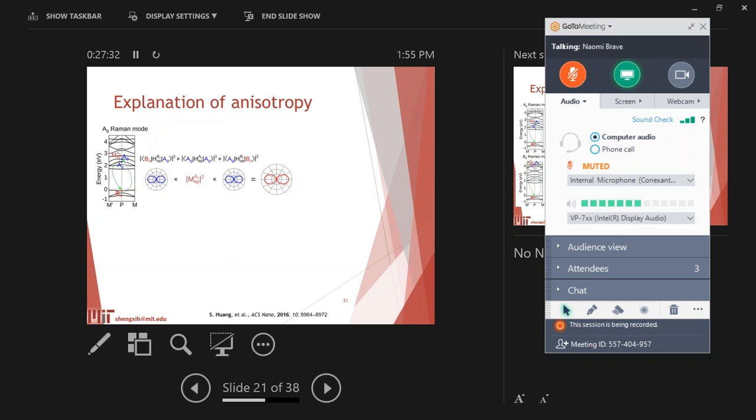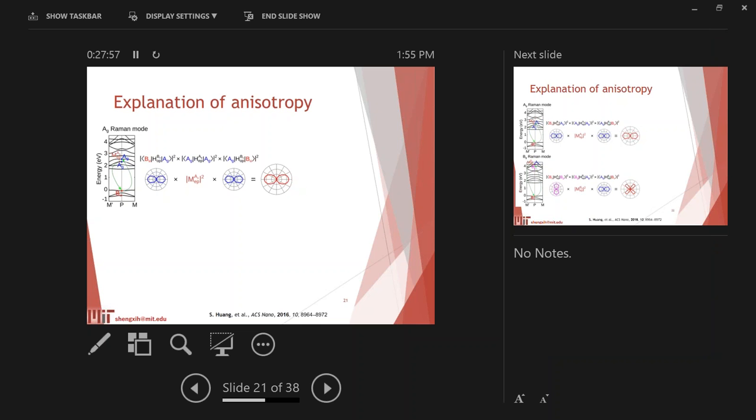So for Ag Raman, because Ag is a totally symmetric phonon mode, the two intermediate states should have the same symmetry. Therefore, the first electron-photon interaction shown here has the x-polarized orientation. And then we assume that this electron-photon interaction has no polarization dependence. And the final state for the electron-photon interaction also has the same polarization.